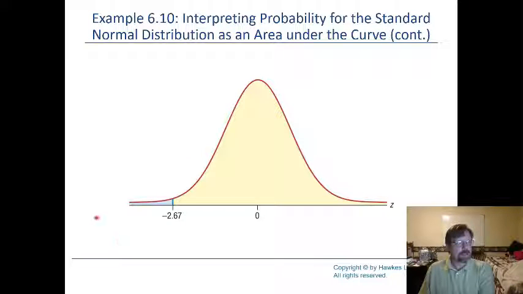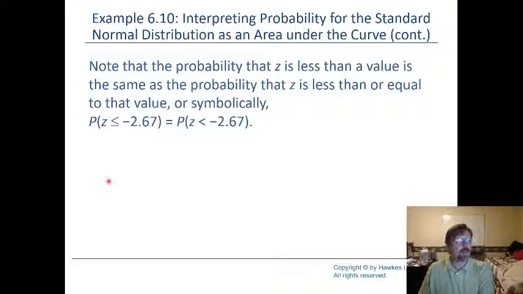So that little bit right there. Note that the equal sign doesn't actually change the probability here. That z is less than negative 2.76 is the same probability as z is less than or equal to negative 2.76.